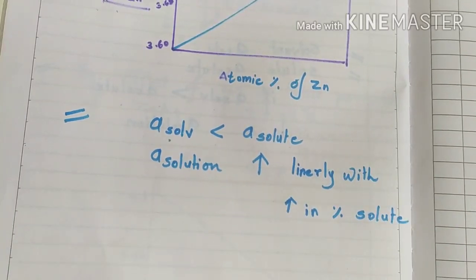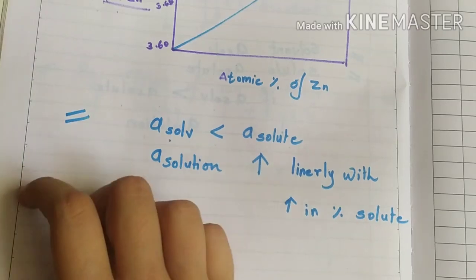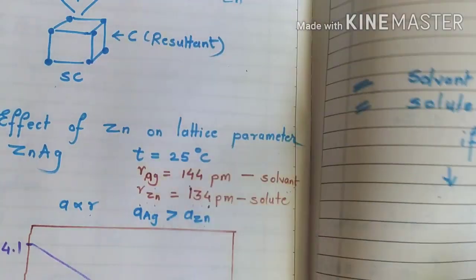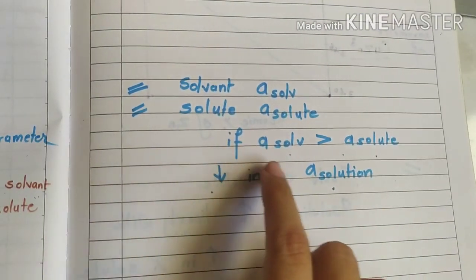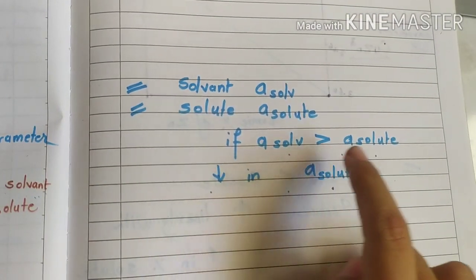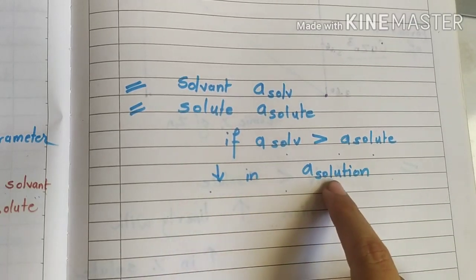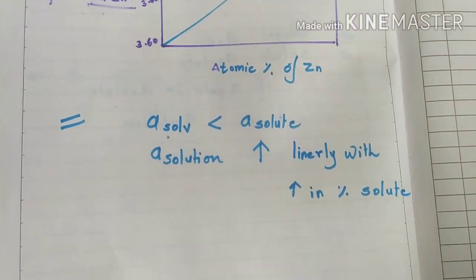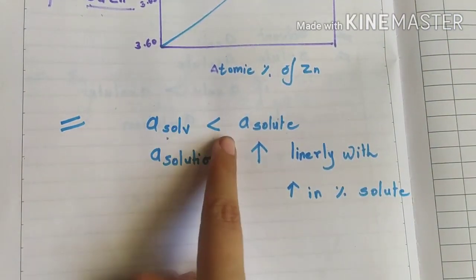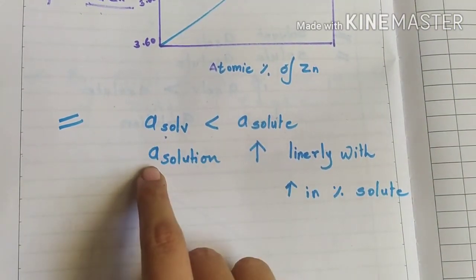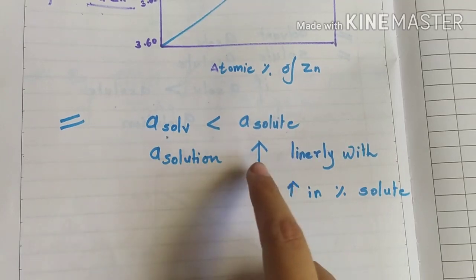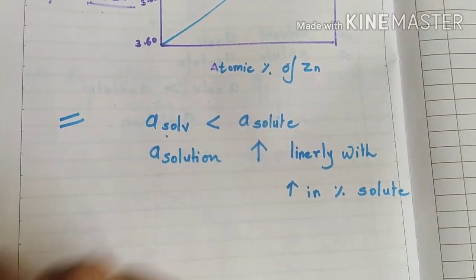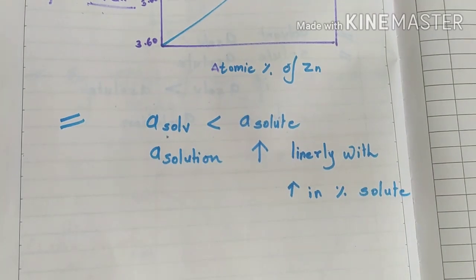So thus we came about two results. The first result was if the lattice parameter of the solvent is greater than the solute, there is a decrease in the overall lattice parameter of the solution, and if the lattice parameter of the solvent is smaller than that of the solute, the overall lattice parameter of the solution increases linearly with increase in percentage of solute, and this is at constant temperature.